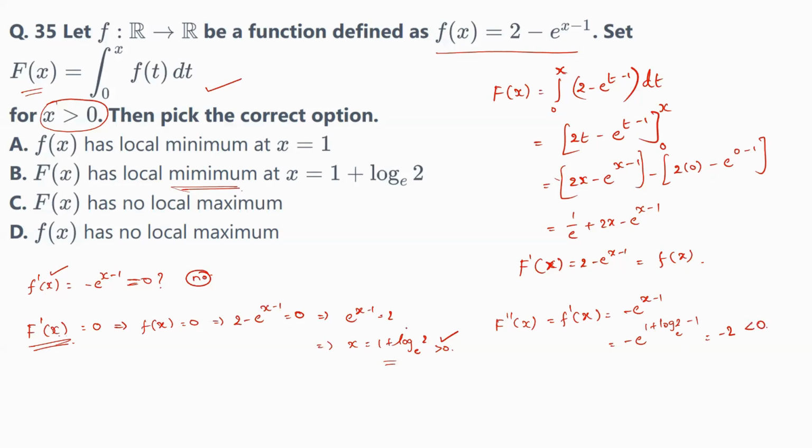So if at all it is an extremum, this point for capital F of x, it is a local maximum. So this is wrong. F of x has no local maximum. We just found out that this is a local maximum, so this is wrong, right? So these three are wrong, then this should be correct. Let us see. F of x has no local maximum.